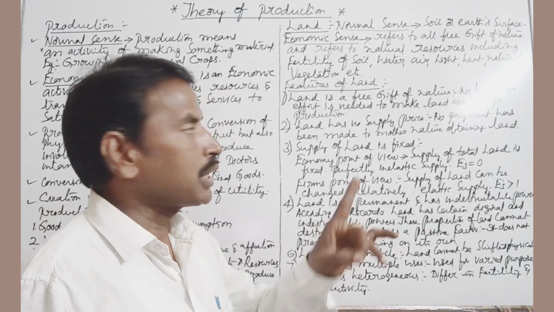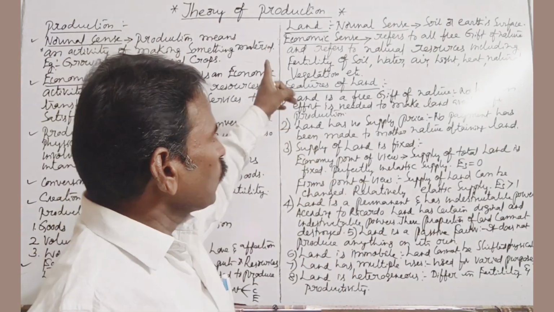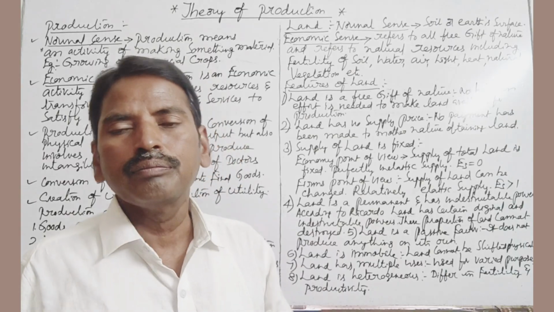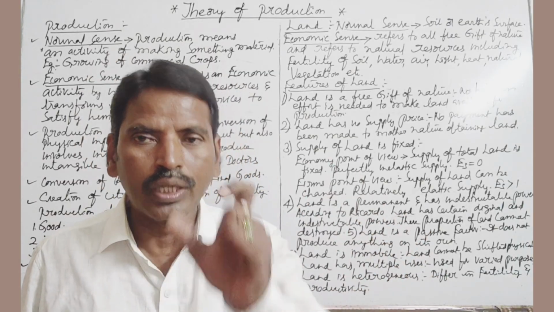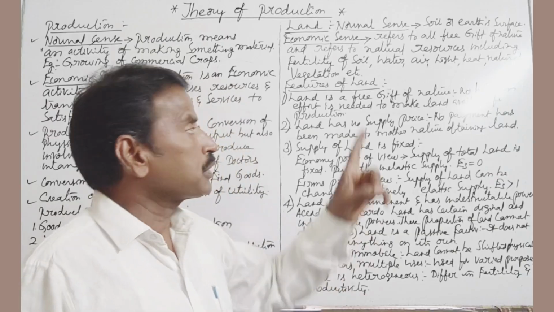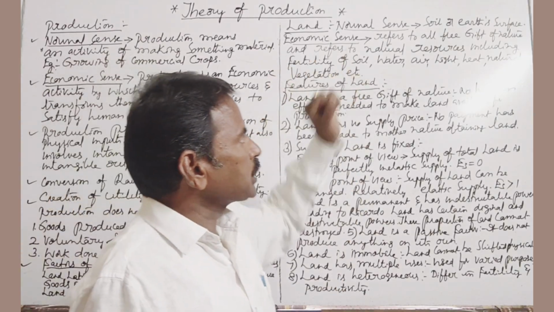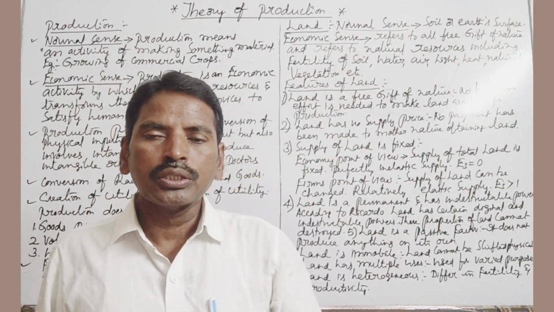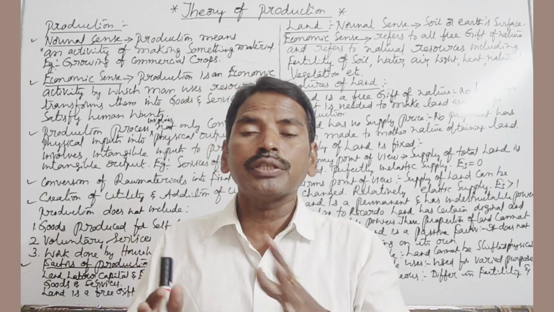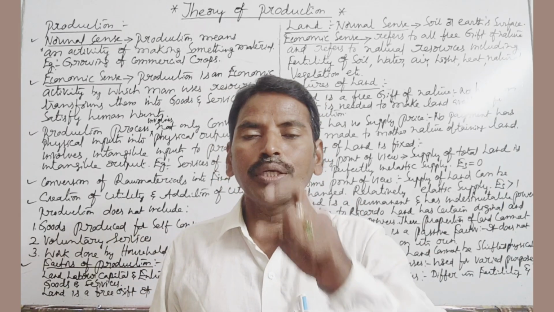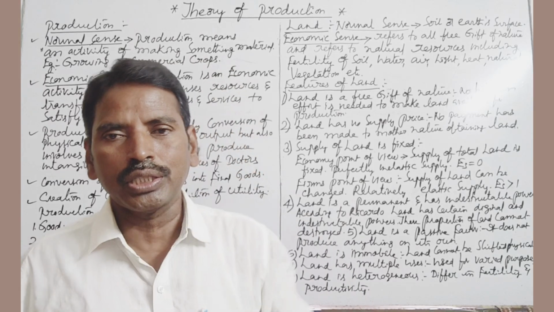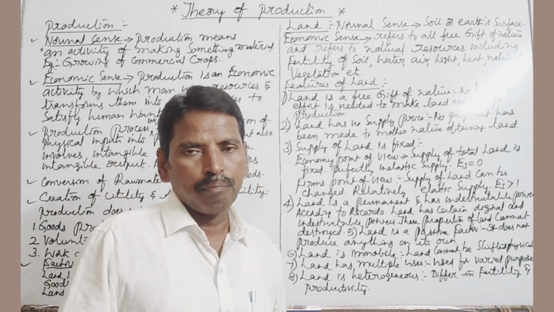So now let us examine what is the meaning of land and what are the characteristic features of land. First of all, in normal sense, land means soil or surface of the earth. This is the meaning of land in common sense or ordinary language.